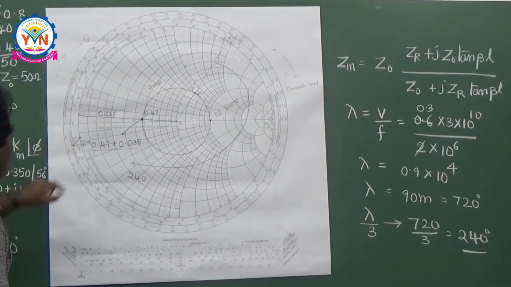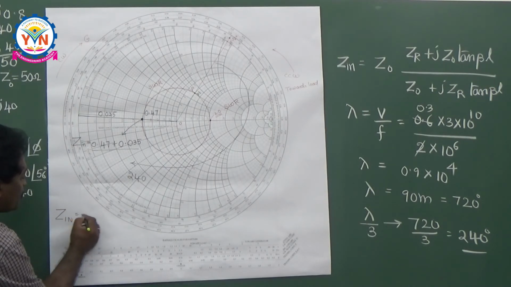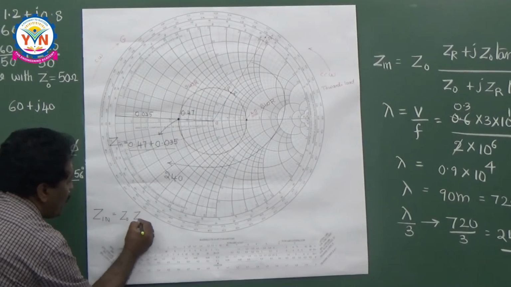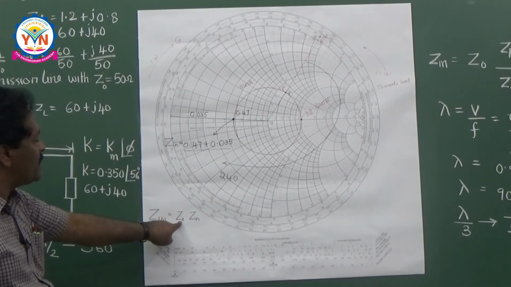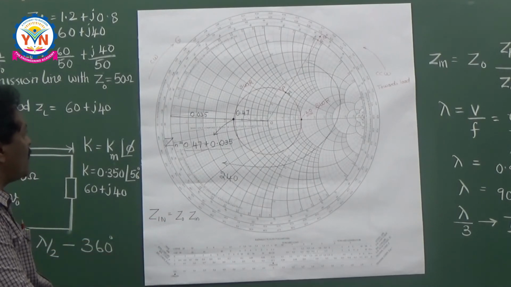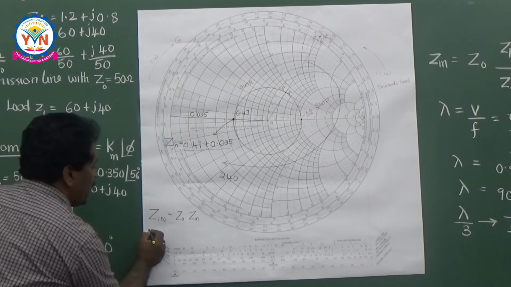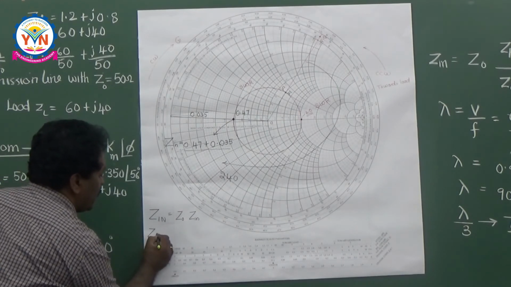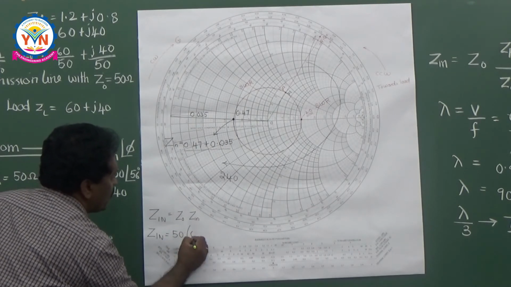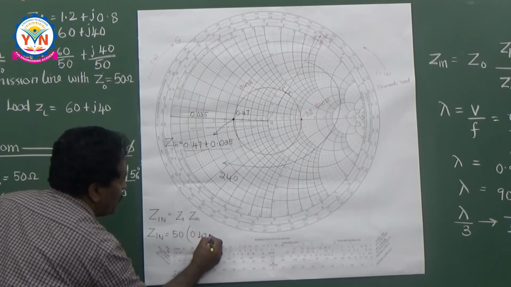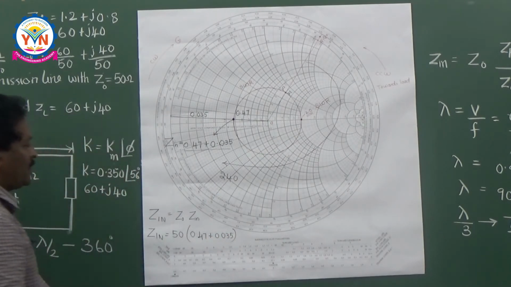So the total input impedance, Z capital N, is equal to Z naught into Z small n. That means you have to multiply with the characteristic impedance Z naught here. Therefore, what is the value you are going to get? Zn is equal to 50 into Zin, where Zin is 0.47 plus j 0.035.